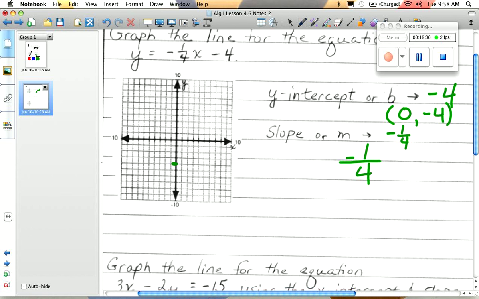Or we can go up 1, not use up the negative for the rise, but then if we go up 1, what are we going to do for the run? Go left 4. We're going to have to use the negative for the run. Okay, go ahead and graph 2 points using both of those names for slope.